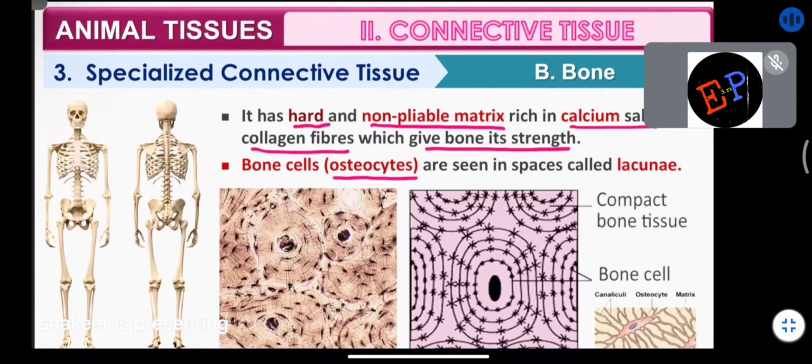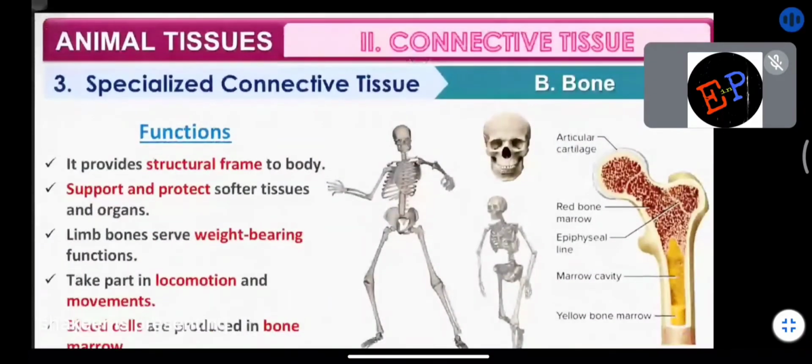What is the name given to the cartilage cells? Chondrocytes. But here osteocytes are seen in spaces called lacunae. This is one important bit. Where you will find bone cells, you will find them in spaces called lacunae, and surrounding these bone cells you will have an intercellular matrix.